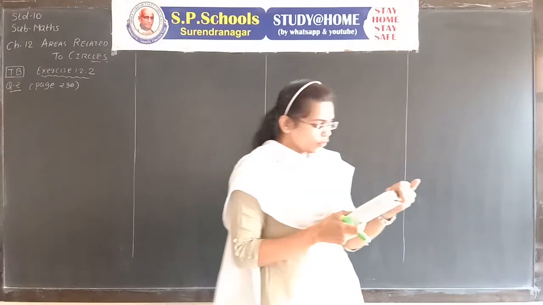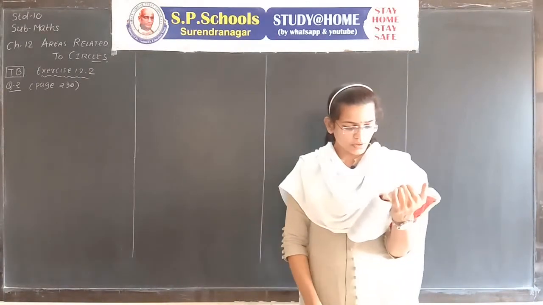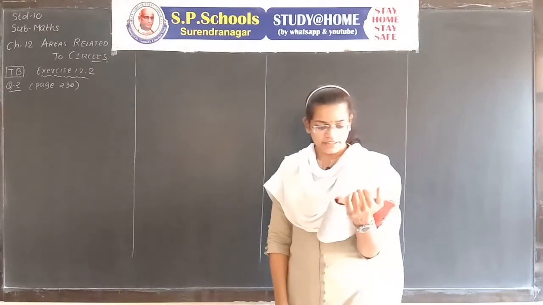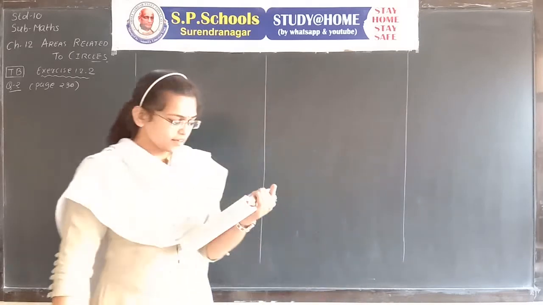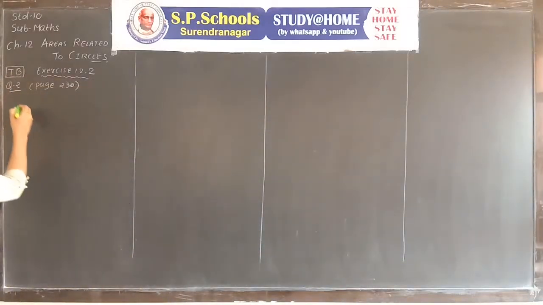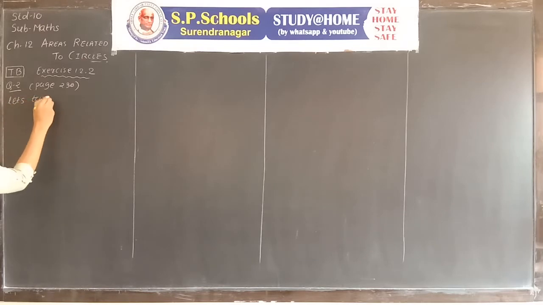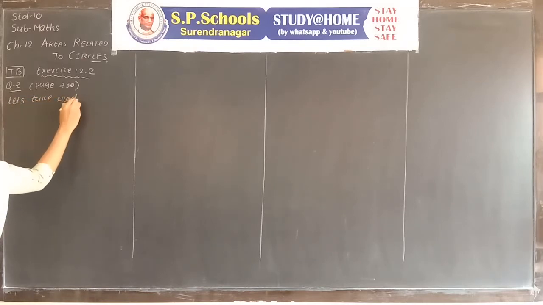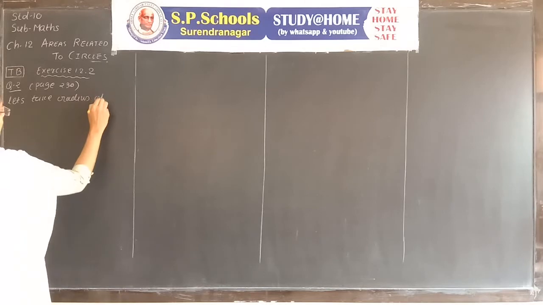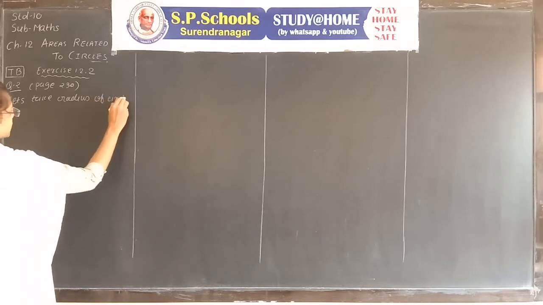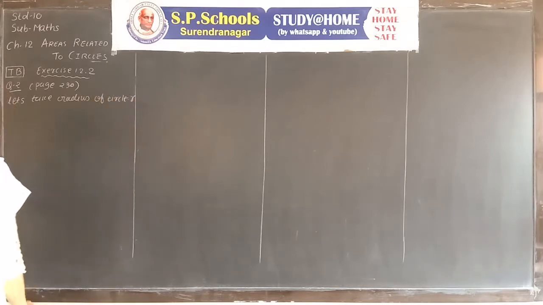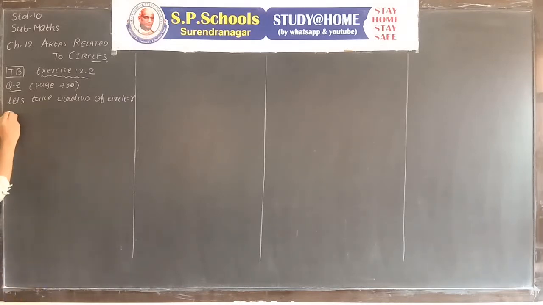Find the area of quadrant of circle whose circumference is 22 centimeter. Let's take radius of circle be r. Radius of circle is equal to r. The circumference is given.